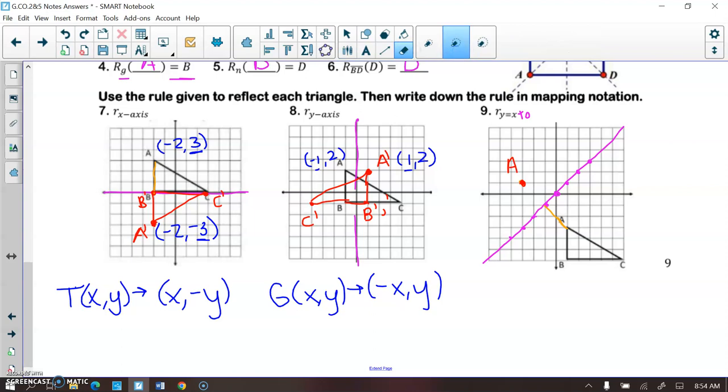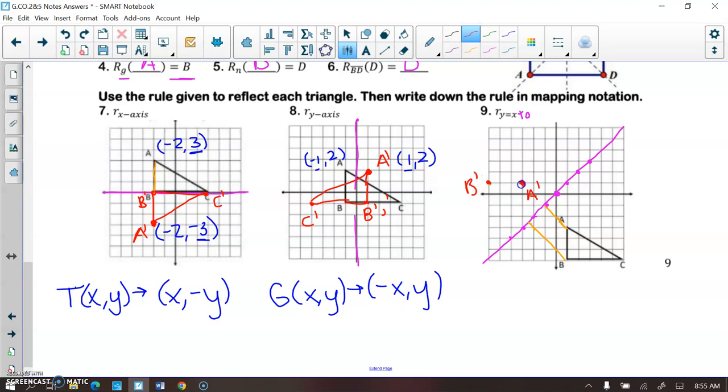And let me actually draw it this way. Okay. B is 1 whole diagonal, 2 whole diagonals, 3 whole diagonals, and a half of a diagonal. So going 3.5 diagonals away on the other side, we wind up with B prime being right here.